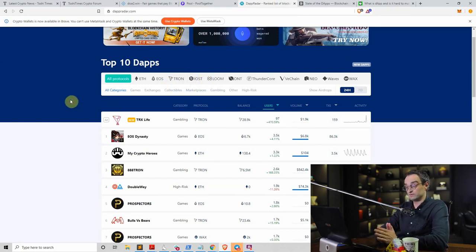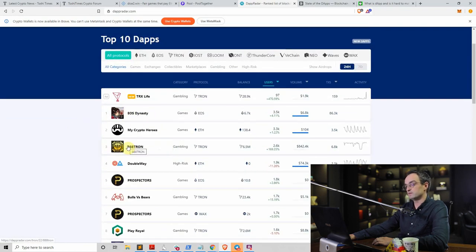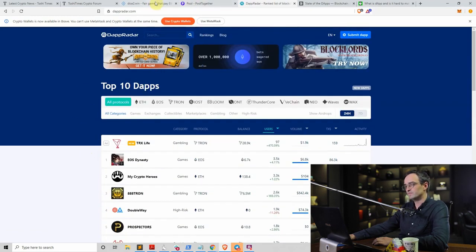Especially after you're done with this introduction and DeFi tooling course, you will be capable of interacting with these dapps as well. So let's take a look. Here we see different protocol layers, basically different blockchains where different dapps are running. We can see a couple of games, some casinos, some exchanges, etc.